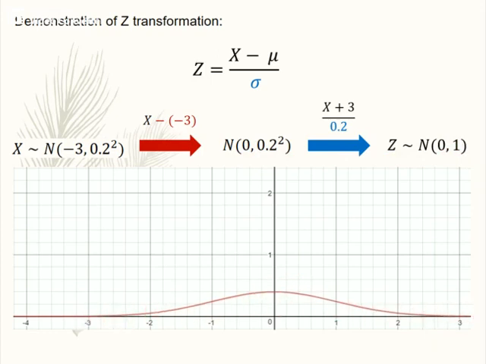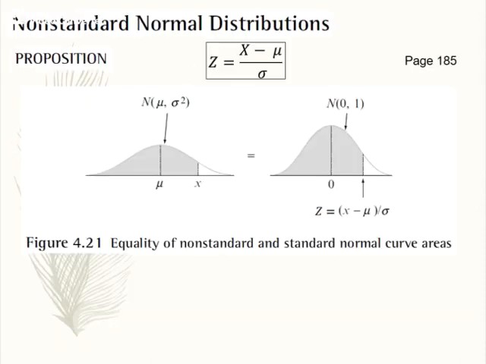Okay, so that means if you have a probability in terms of x, you can convert it so that you end up with something in terms of z, and you can use the tables. So in your textbook, this leads us to this. So they're pretty much saying if you have some probability here and then there's x here. So the probability of being less than or equal to x is this shaded region.